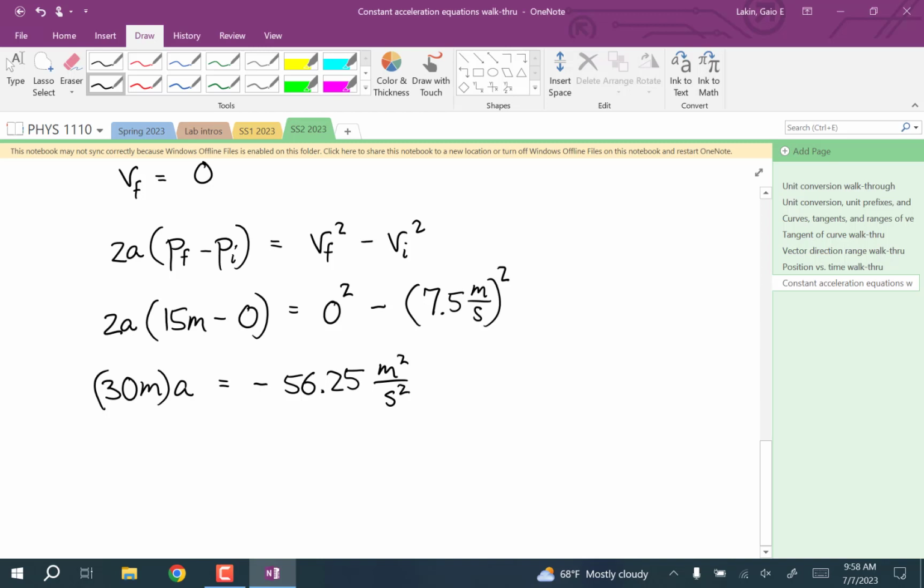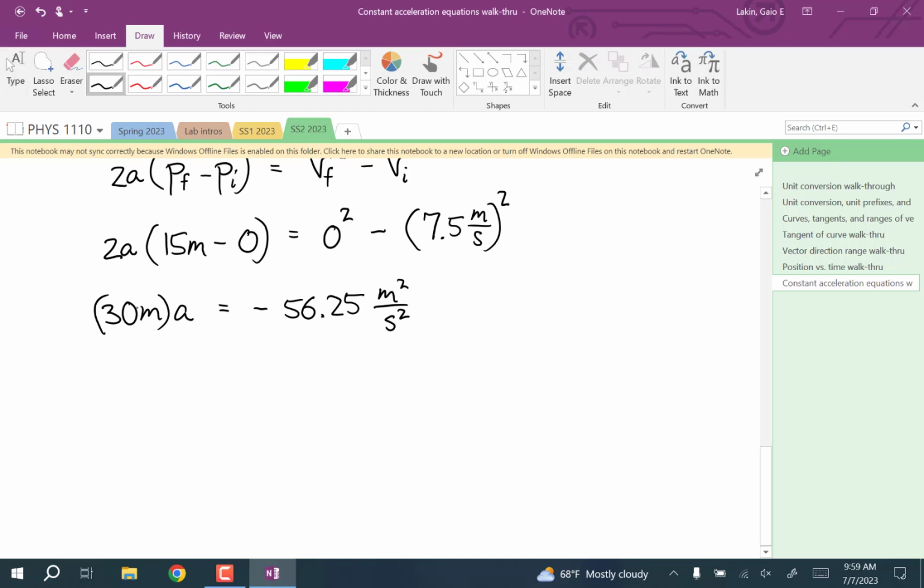And now we're just trying to calculate A. So to do that, divide both sides by 30 meters. You have A is equal to, I'm going to write this out as negative 56.25 meters times meters over seconds times seconds.